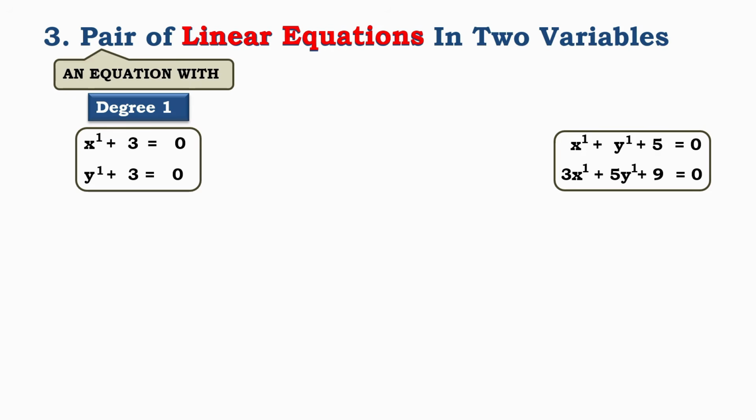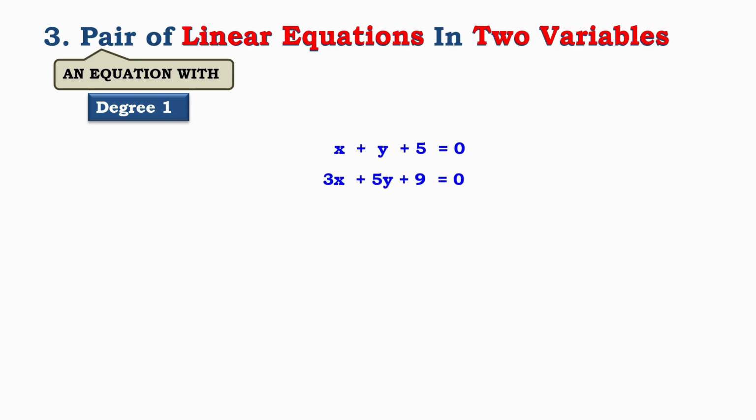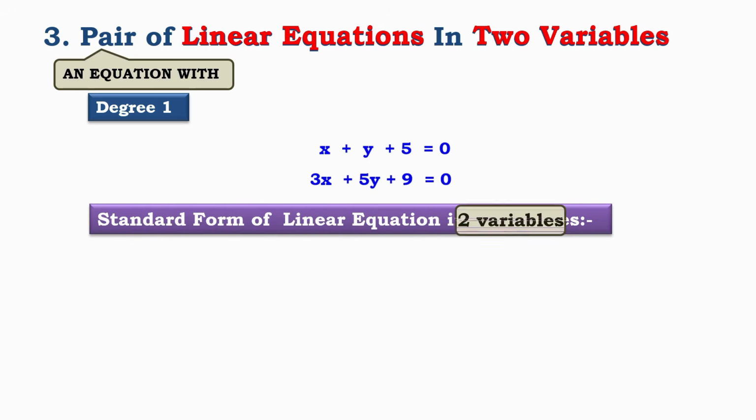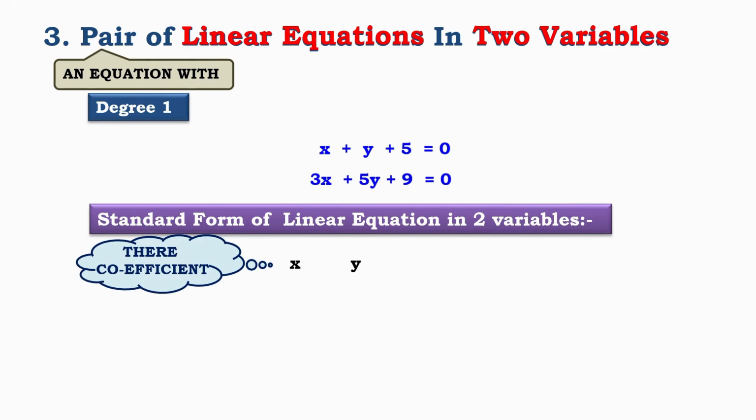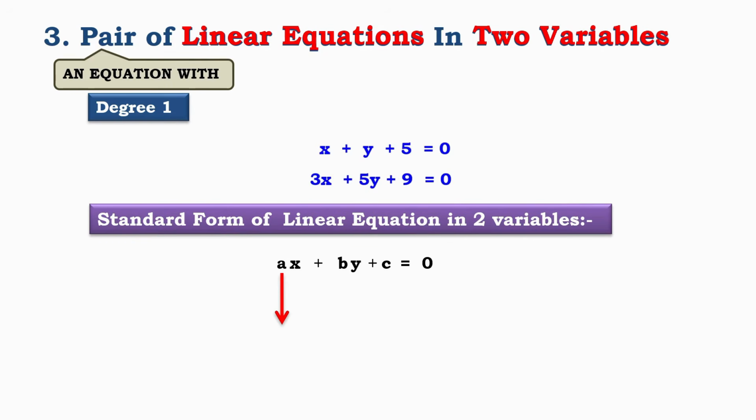The standard form of a linear equation in two variables is written as ax plus by plus c equals 0. Here a, b, and c are real numbers and a and b should not be 0 at the same time. These types of equations represent straight lines when we draw them on a graph.